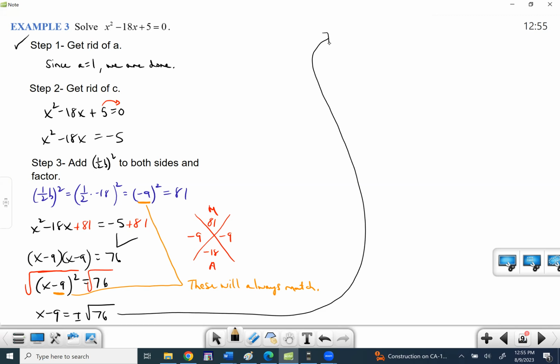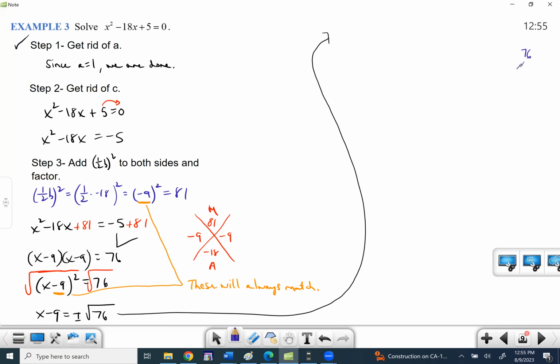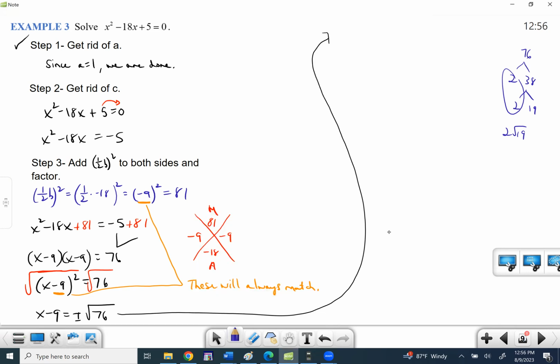All right, I got to check and see if 76 breaks down. 76 is 2 times 38, which is 2 times 19. It looks like it does break down to 2 square root of 19. Let me double check myself. Square root of 76 equals, yeah. Okay, so 2 root 19.